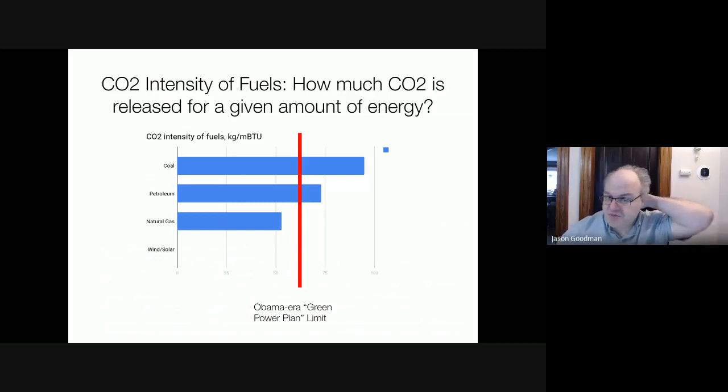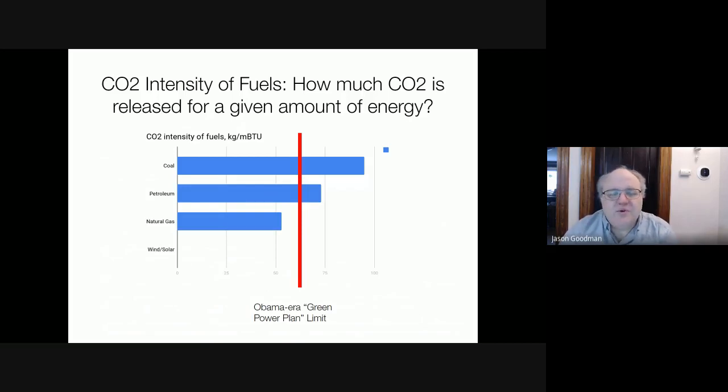Another factor that a lot of people don't think about is continuing to burn fossil fuels, but switching from one fossil fuel to a different one. And as I said, this is something that we're doing right now, not as a deliberate policy of climate change, but just due to the economics of fracking, have made natural gas much cheaper than coal.